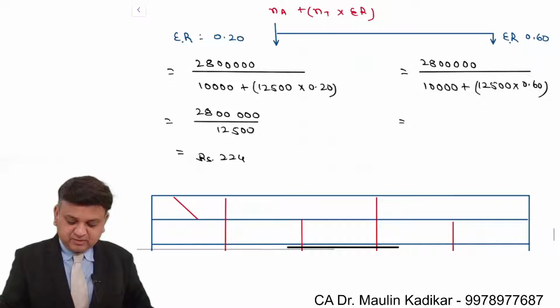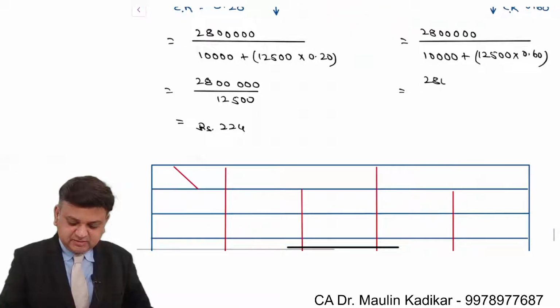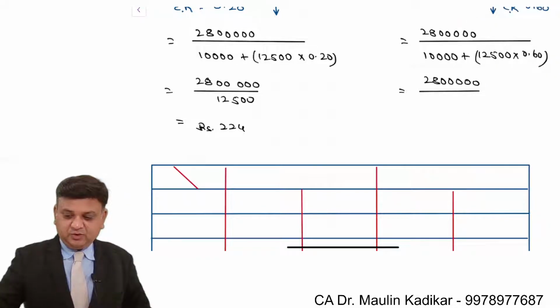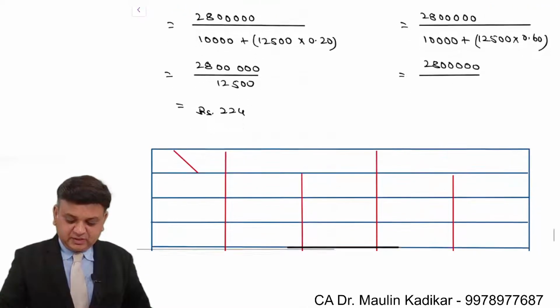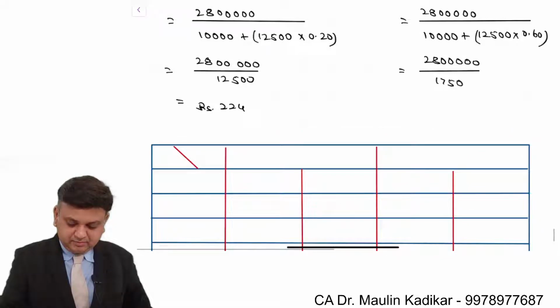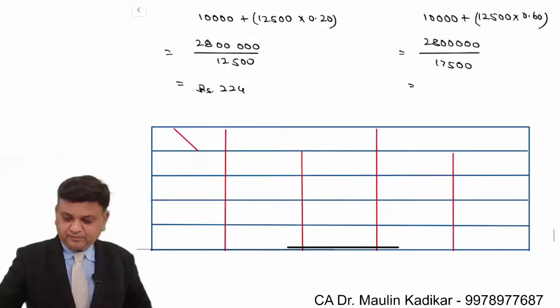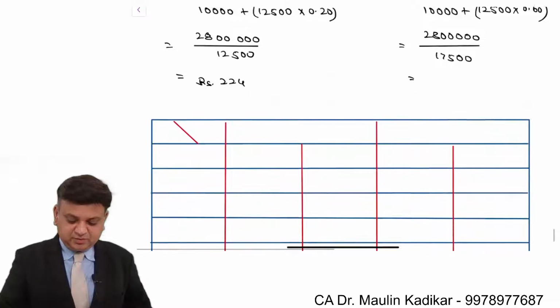For the next one, it is again 28 lakhs divided by the number of shares of the merged firm, which would be 12,500 into 0.6, that is 7,500, plus 10,000. That comes to 17,500. 28 lakhs upon 17,500, so it is 160 rupees per share.